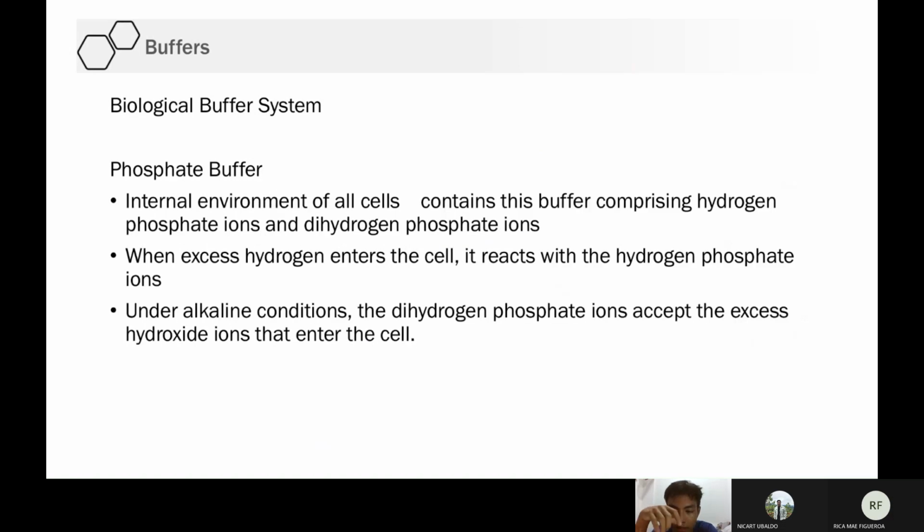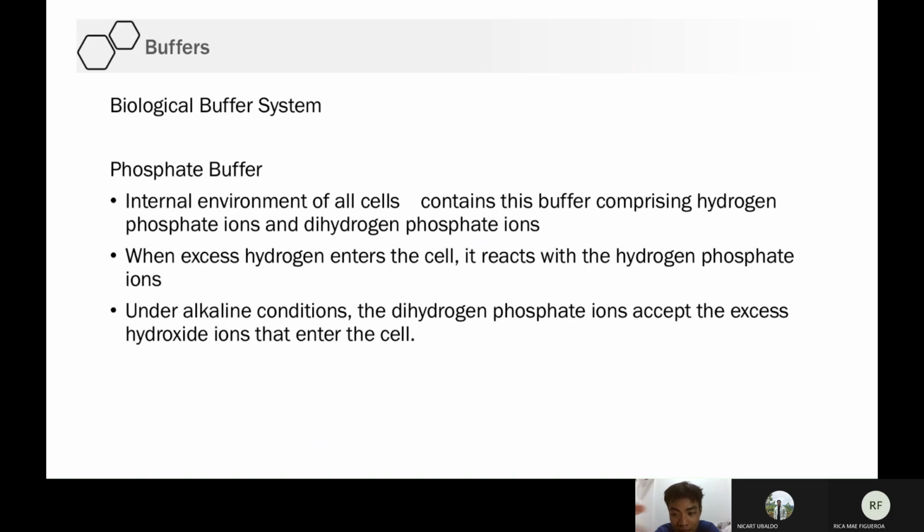And then the next important buffer system would be the phosphate buffer. Ang phosphate buffer, ito yung mga nasa loob ng cell. Yung ating cell kasi, that is composed of lots of phosphates, no? Maraming phosphate ions doon, which is because of the production of the adenosine triphosphate, no?